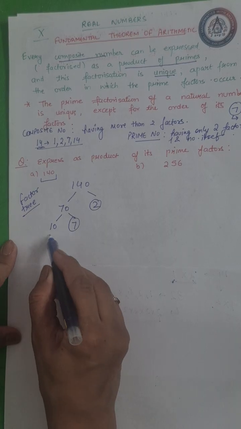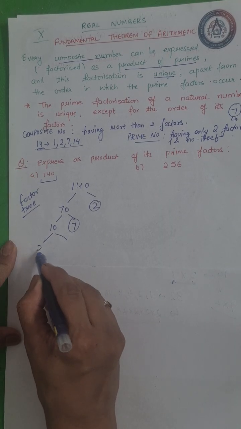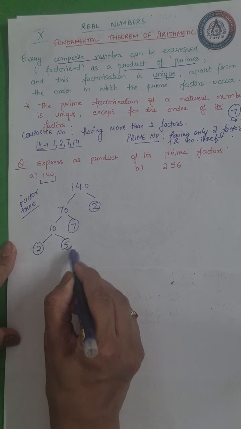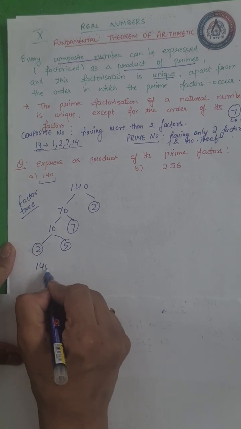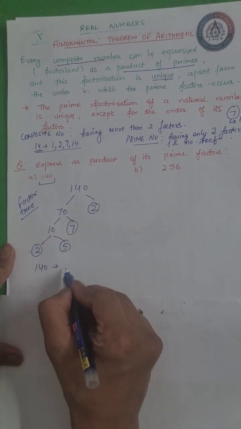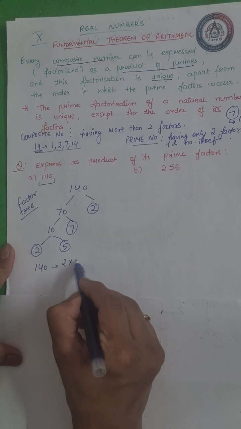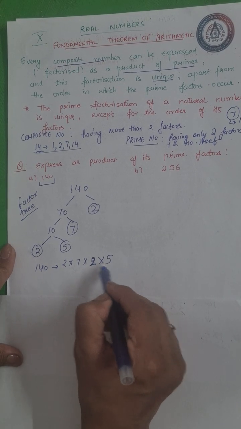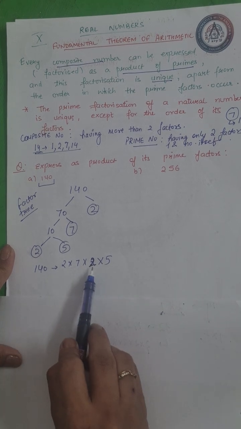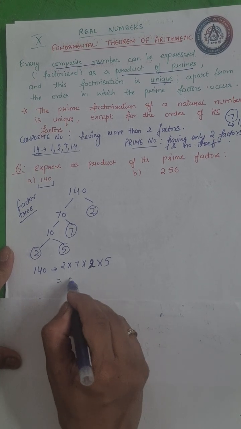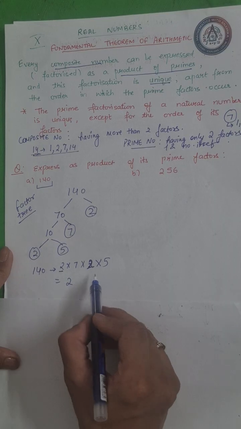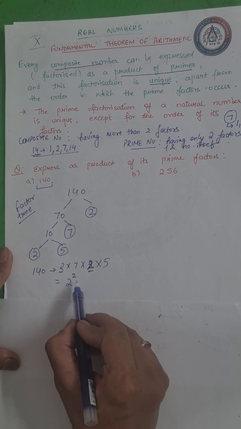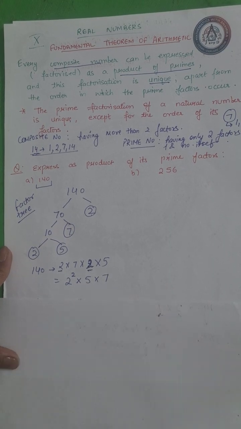It is a composite number. We know that we can get 10 by 2 multiplied by 5. So 140 can be written as a product of its primes as 2 times 7 times 2 times 5, or in a presentable way, in exponential form, we can write 2 to the power 2 times 5 times 7.